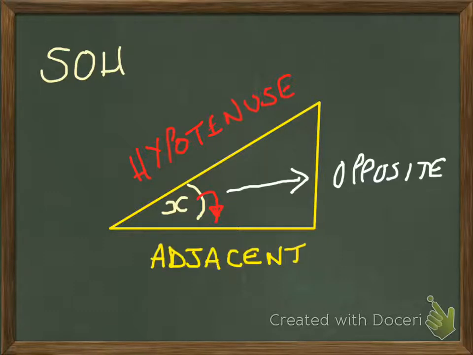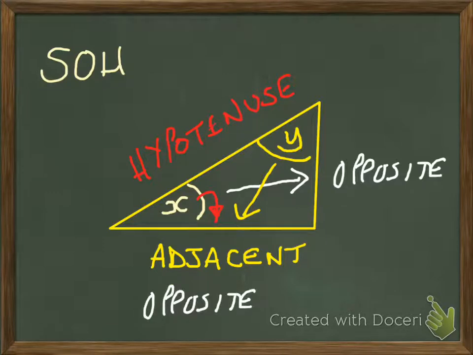Now the only thing that you need to remember is that if there were another angle, so we'll put another angle in here, y, then what would be the sides in relation to y? Well, we can follow that same sort of description. What is the side that is opposite to y? Well, it's over here.